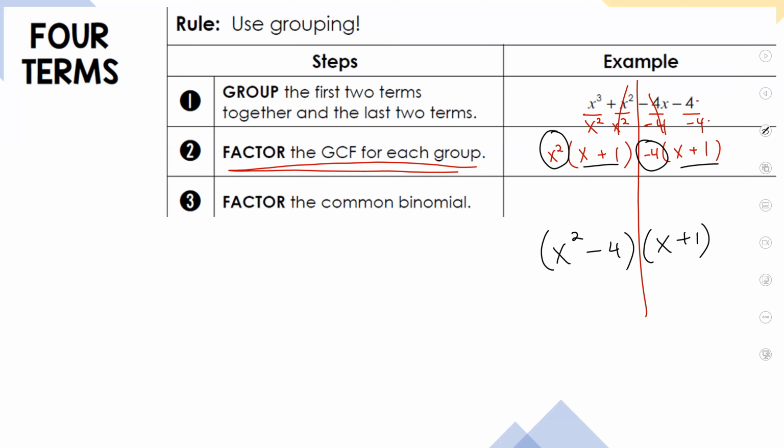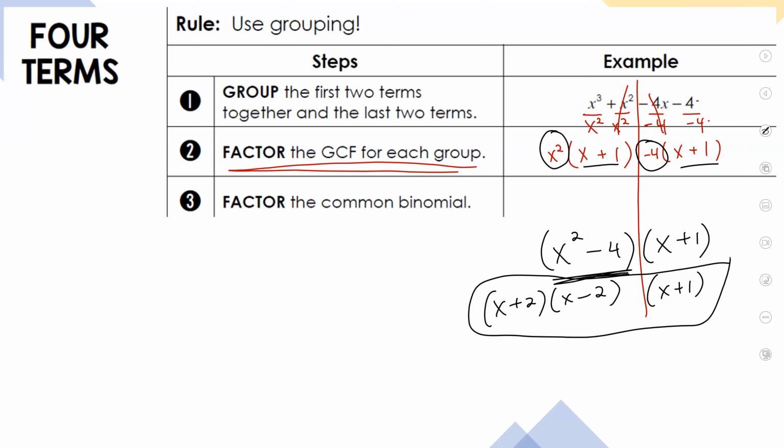Those are your 2 factors. Okay, now step 3, we need to factor this one. This will be X plus 2 and X minus 2. And this can just come down. So your final answer is this.